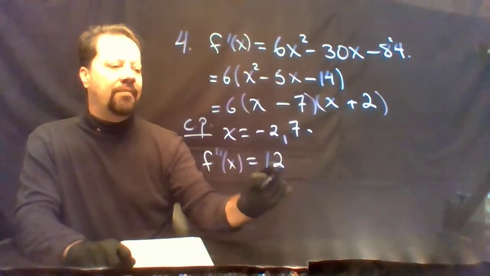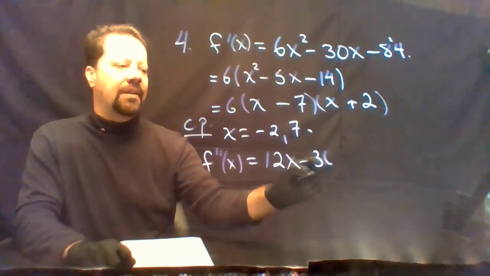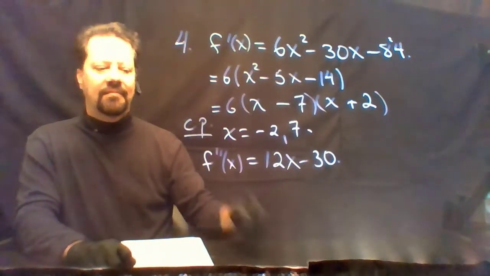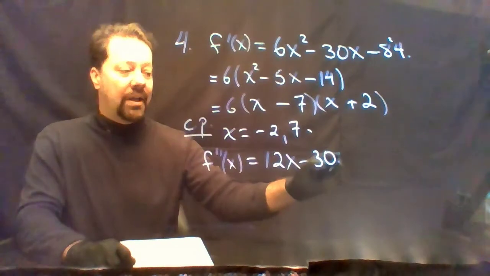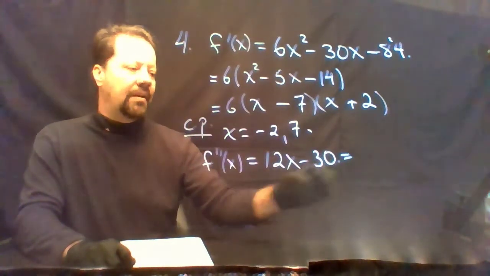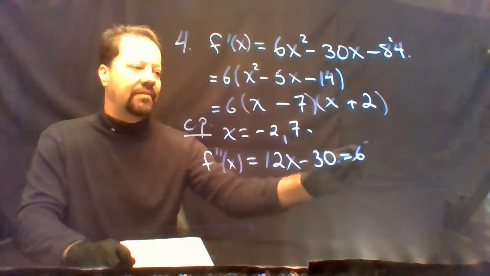That's going to be 12x minus 30. If you wish to use smaller numbers, I suppose you could factor a 6 out.